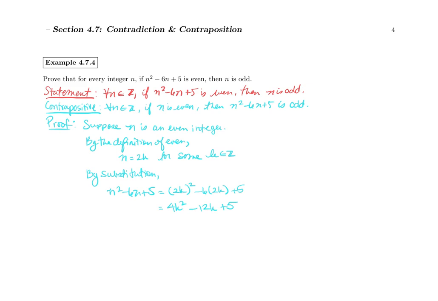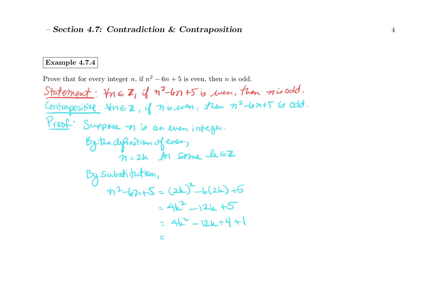And remember, we're trying to prove that this expression is odd, so we need to split the 5 up into 4 and 1. So 4k squared minus 12k plus 4, and plus 1, because we need that 1 left over. And again, when we factor out here, we are factoring out a 2, not a 4. I know you could factor out a 4, but it's not going to help you in this case.